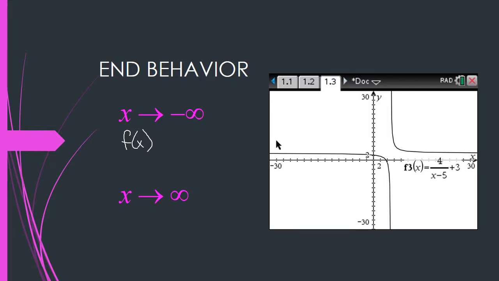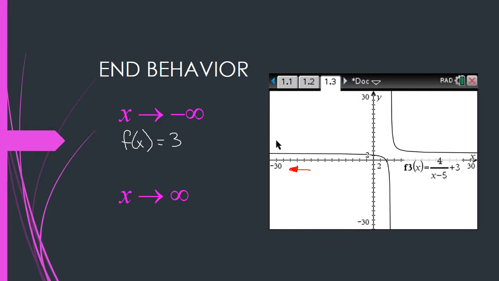So in this case, we know that as we get larger, as we zoom out, or if we trace along this way to larger and larger x values, we know that our function becomes closer to, but never reaches, our asymptote, which was at 3.